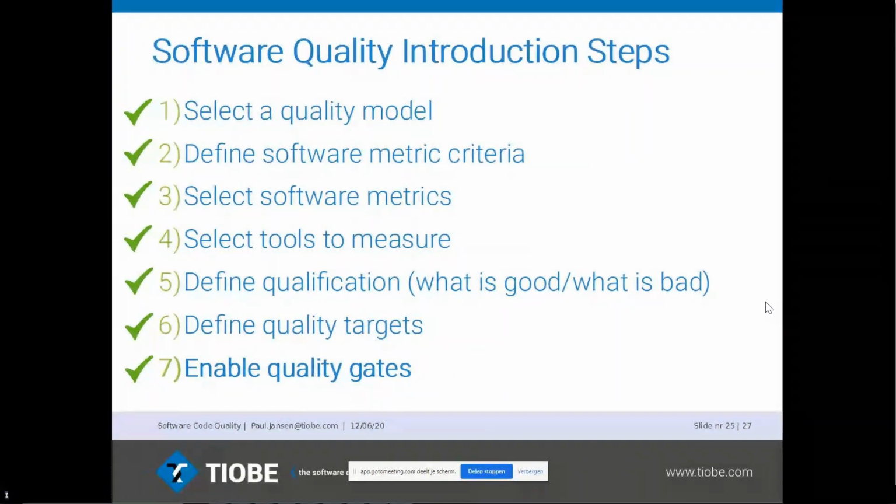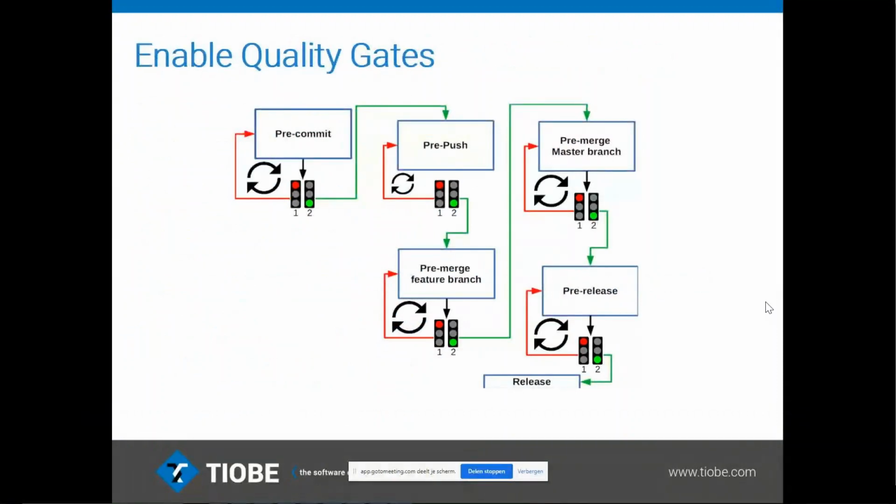Well, actually you can set quality gates all over your system. So you can say people are not allowed to check in their code, or during our integration merge, we are going to do some things, or you can have a quality gate prior to release, just as a pre-release.